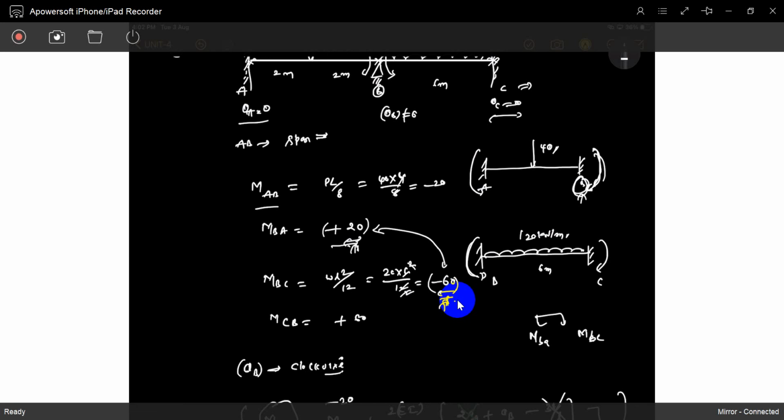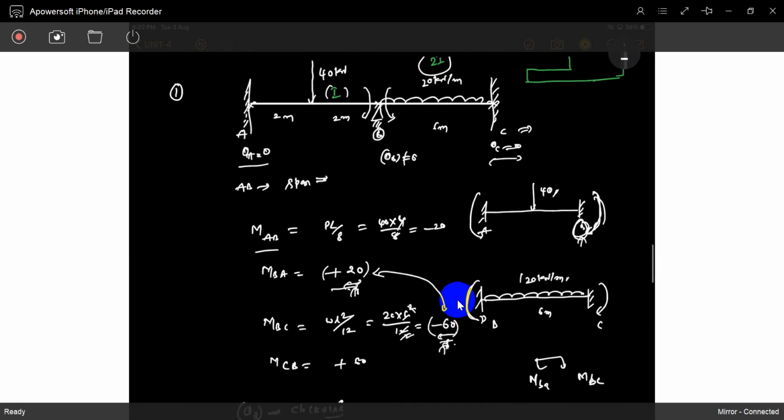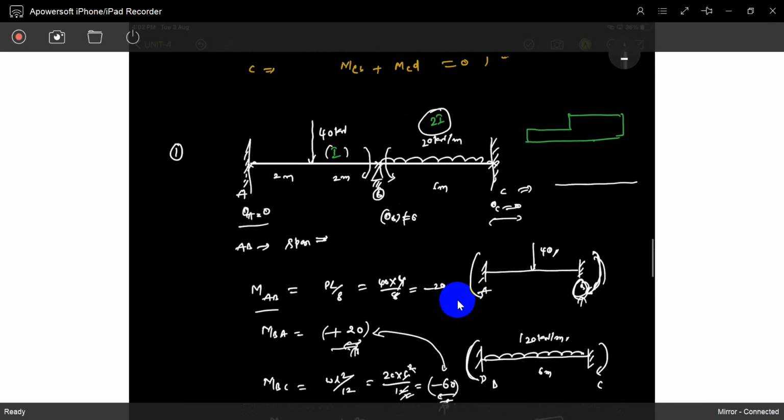We didn't consider any rotation at B, but based on the loading, B experienced a rotation. If you want to clarify, just see: exactly 40 is applied.